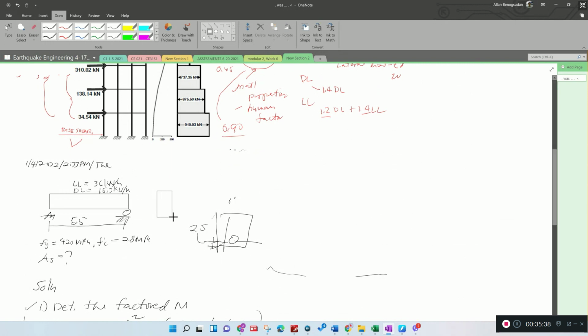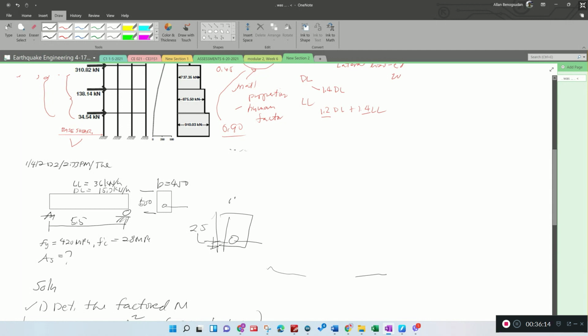I will say that d is equal to 450, part of the problem, and the overall height of the beam is equal to 500.